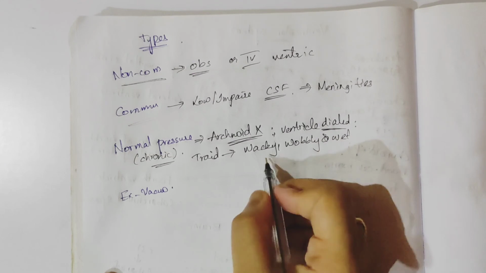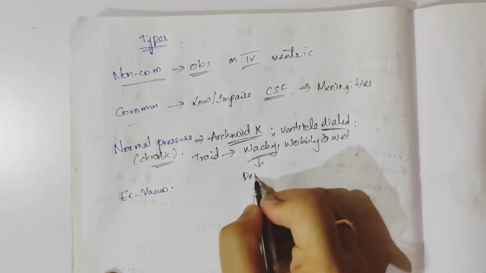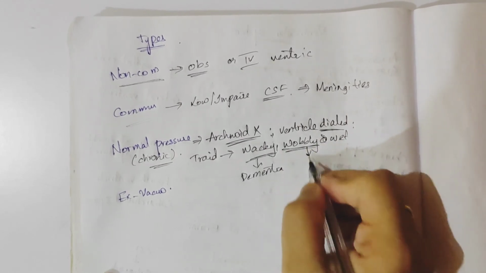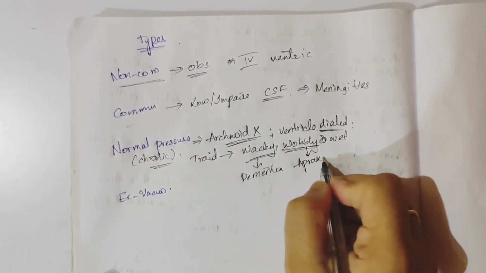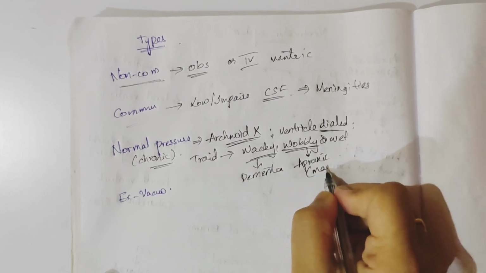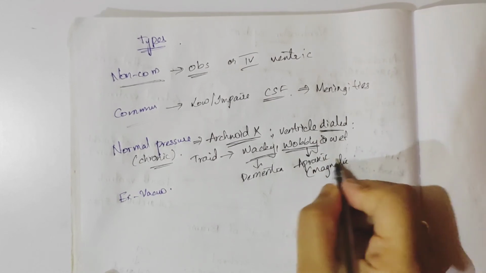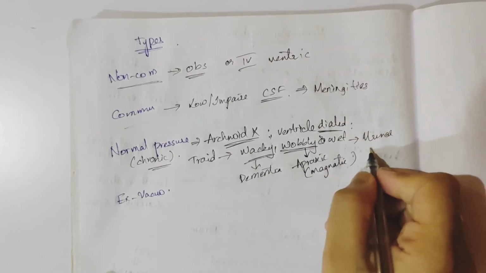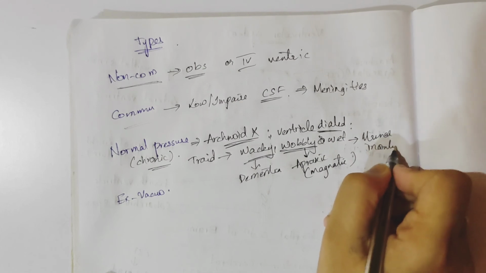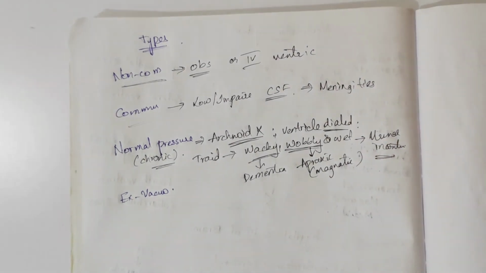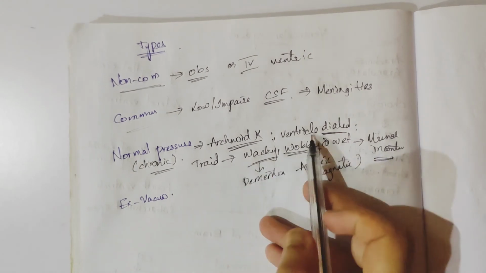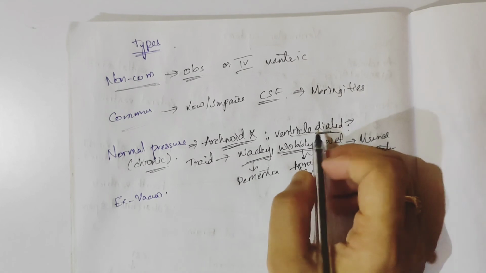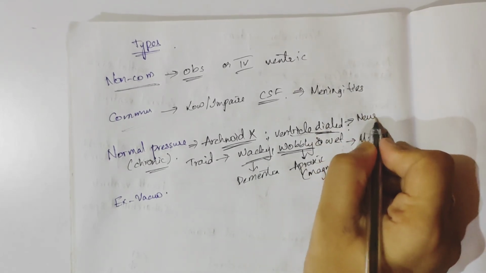Wacky is due to the dementia which is seen here, wobbly is due to apraxic or magnetic gait, and wet is due to urinary incontinence. So we can see here that as the ventricles dilate, we lose neurons.